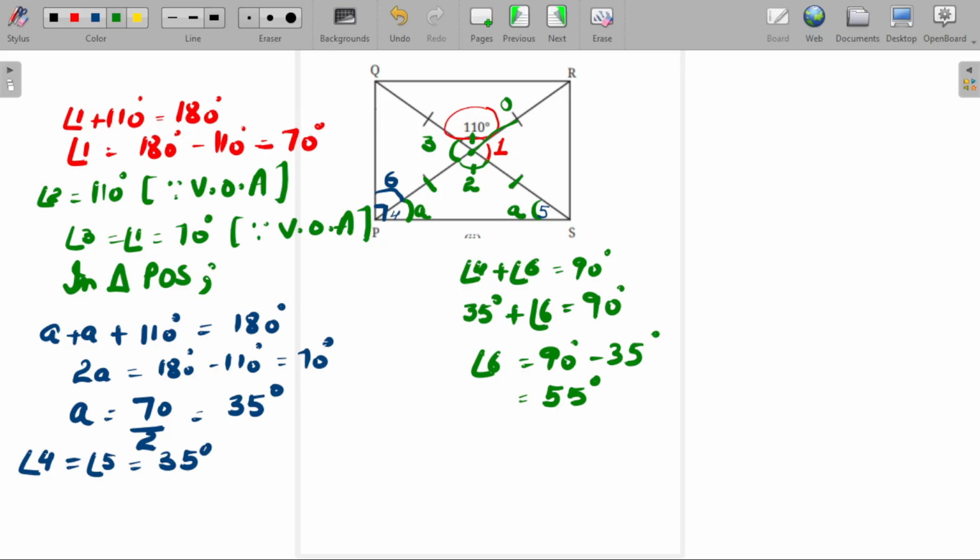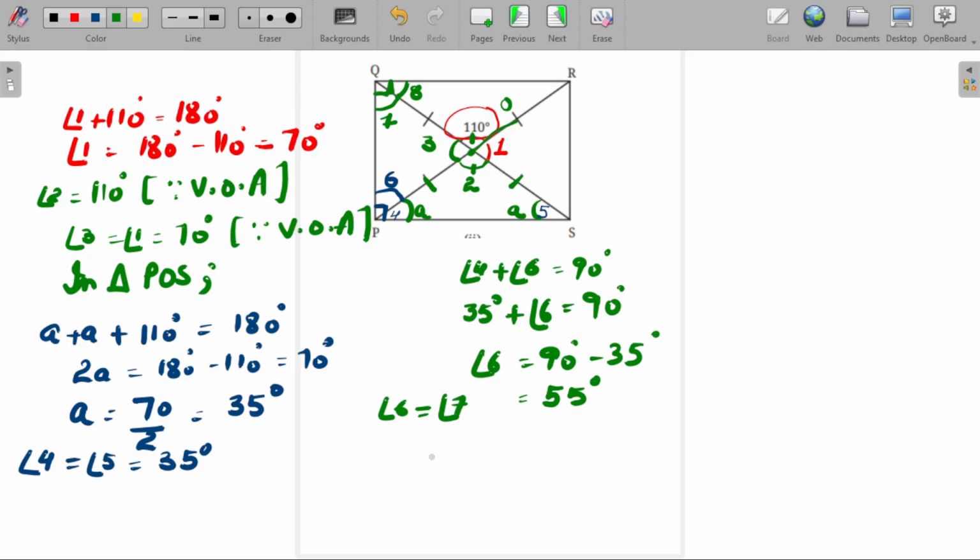If angle 6 is 55, angle 7 will also be 55. So angle 6 equals angle 7 equals 55 degrees. Clear? If angle 7 is 55, so angle 8. Again, we are using that every corner angle will be 90 degrees.